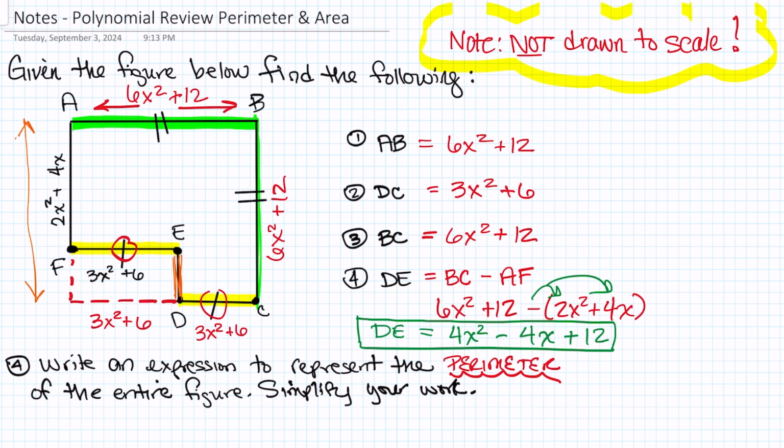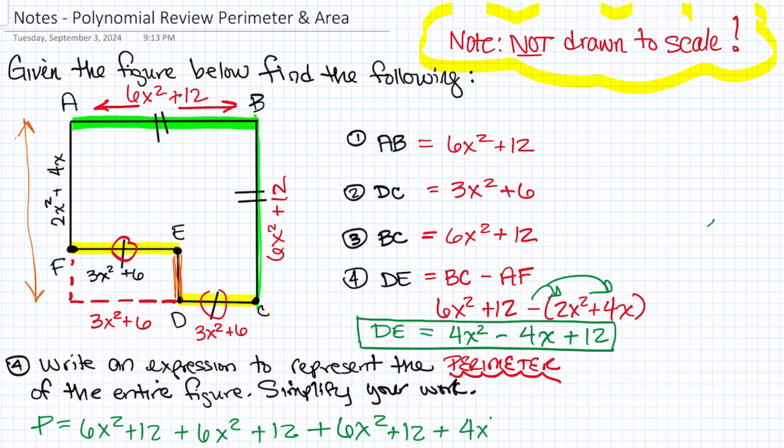So perimeter, if I start at the top here with AB and work my way around, so I have 6x squared plus 12 plus 6x squared plus 12 plus, and I have 3x squared plus 6 and 3x squared plus 6, that's another 6x squared plus 12 plus, now don't forget the DE part right there.